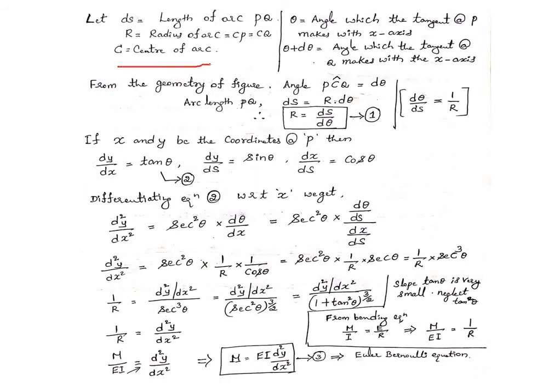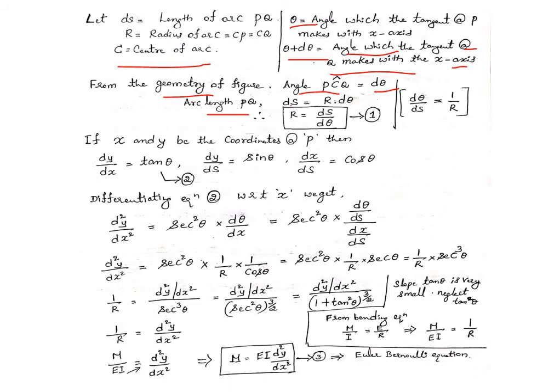C is the center of the arc, and theta is the angle which the tangent at P makes with the x-axis. Theta plus d theta is the angle which the tangent at Q makes with the x-axis. From the geometry of the figure, angle PCQ is d theta.